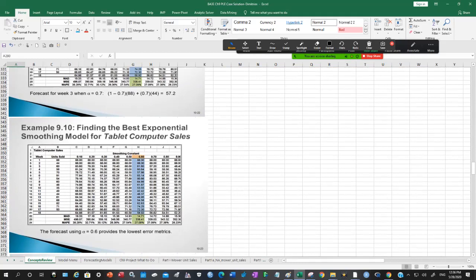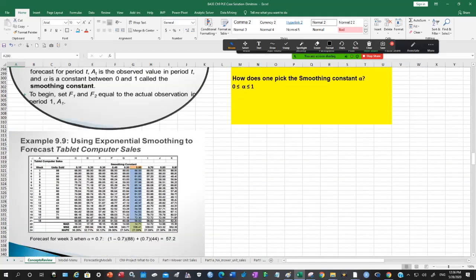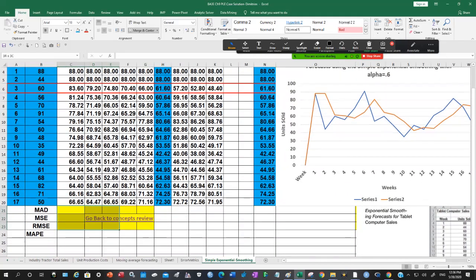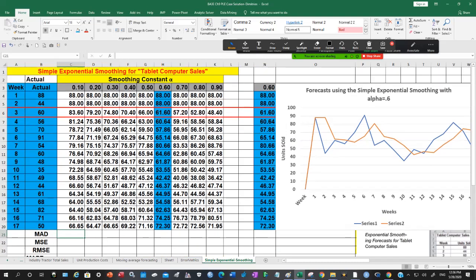At the bottom, you can calculate these metrics: the mean absolute deviation, the mean square error, the root mean square error, and the MAPE. Then compare and see which has the smallest RMSE, and pick the alpha smoothing constant that would be the best one.